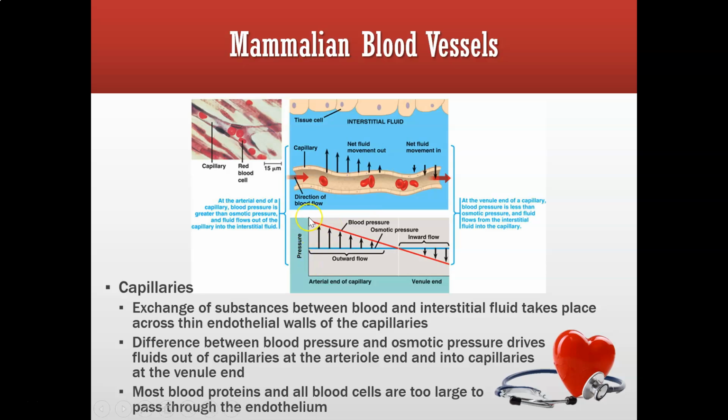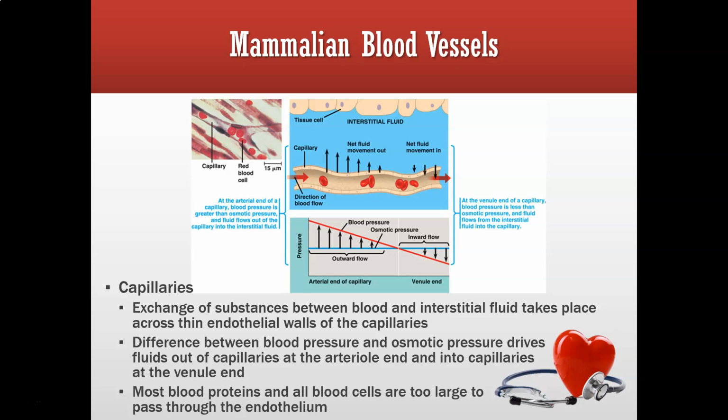If we look at the arterial end of your capillaries, right, that's where the pressure is going to be highest. That's going to drop off until we get to the venule end because that high blood pressure is going to be pushing all of that material out, so outward flow, right? We get to the venule end and then we're going to get inward flow based on the concentrations of nutrients and oxygen and water and the whole nine yards that's going on there. We'll get a little more into that when we get to the second part of chapter 42 notes.